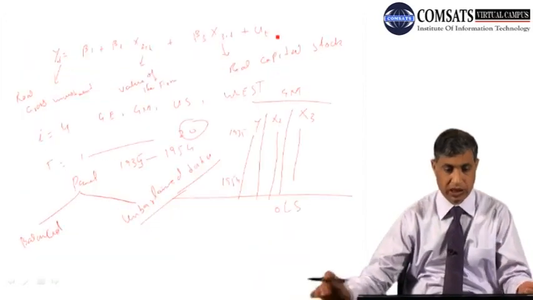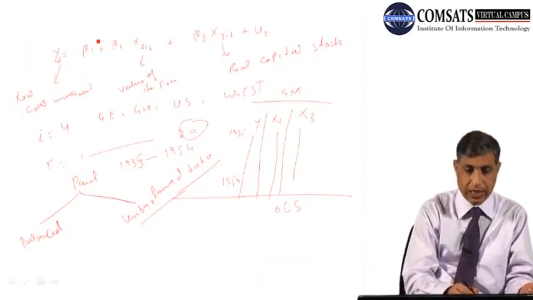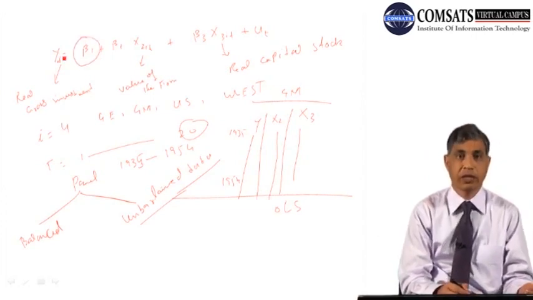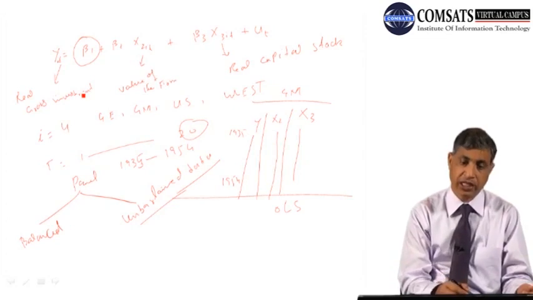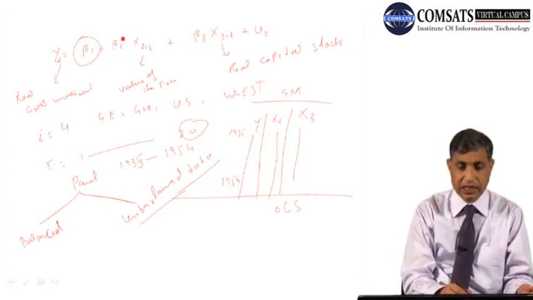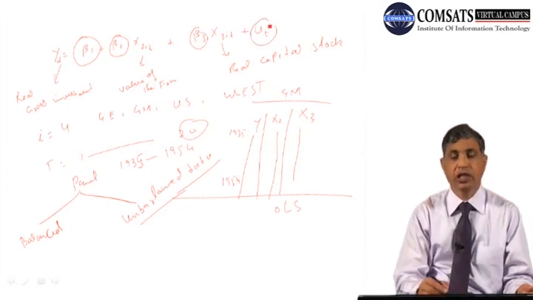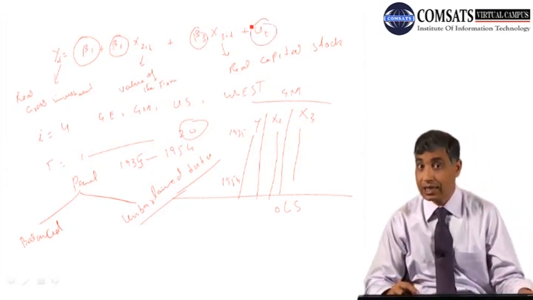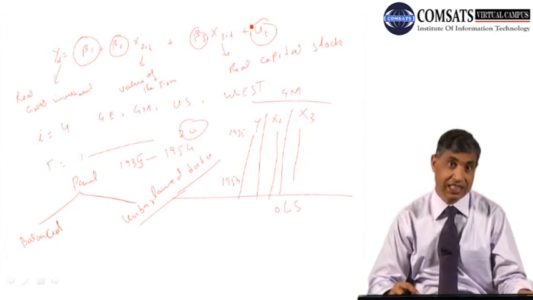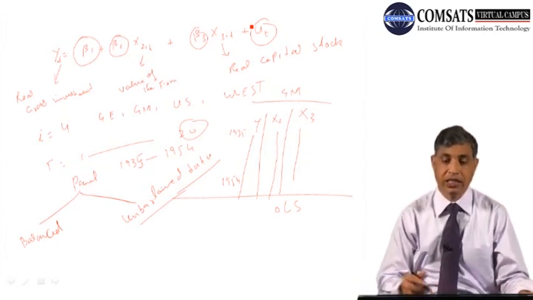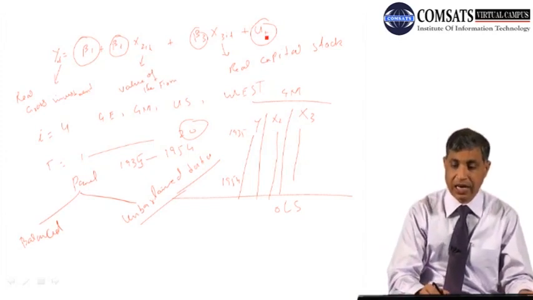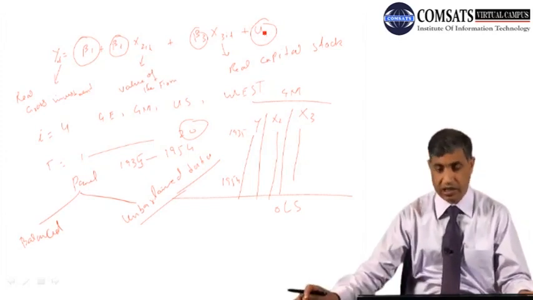If I go back to this slide, this is the intercept; I will have to make an assumption, and I will tell you what assumption I can make. The second are the slope coefficients, beta 2 and beta 3. And for the error, it is no longer just u_t in the time series or u_i in the cross-section; now it is u_it, a combination of the ith unit and the t series.